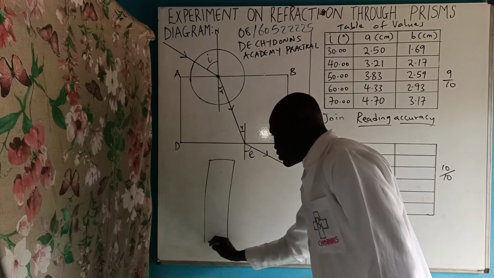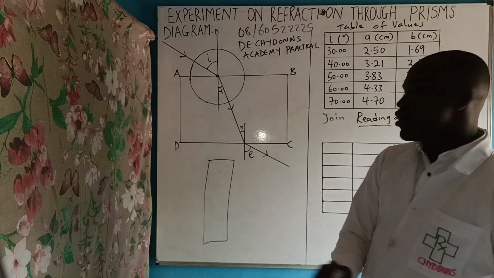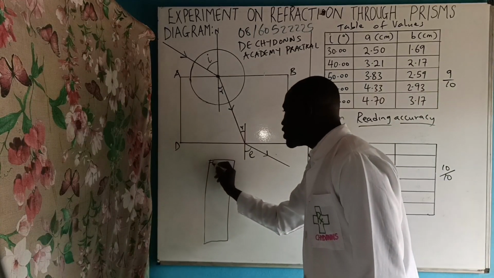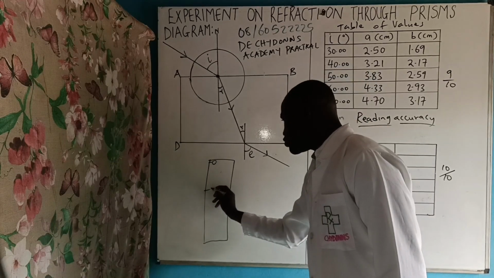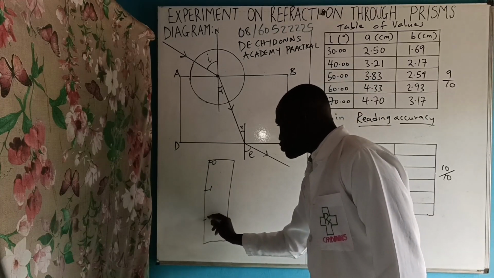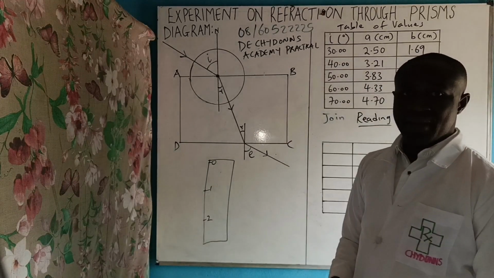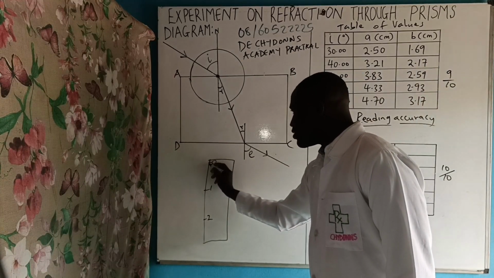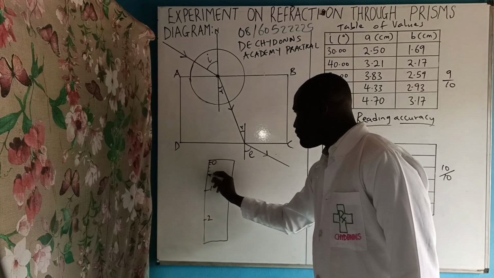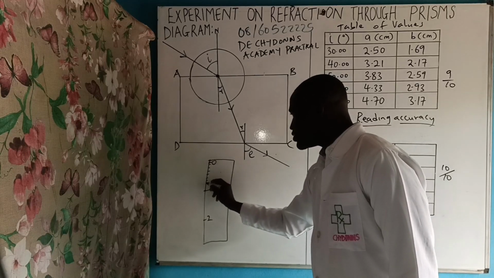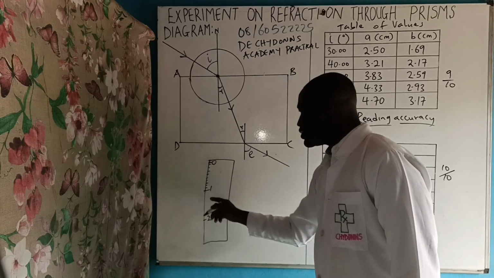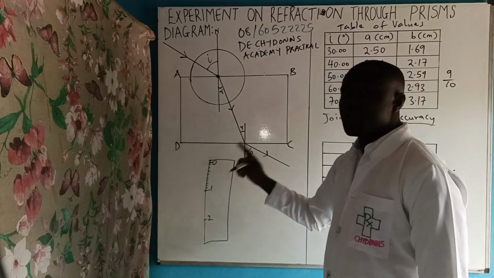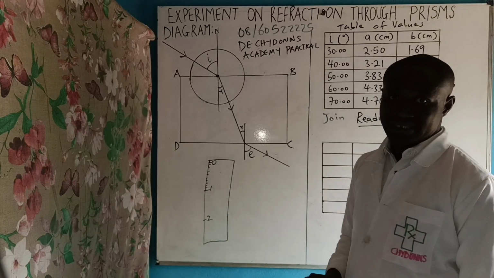This is a sketch of what we call a ruler. Here is 0, here is 1, here is 2, and they are in cm. Between here and here, you will see tiny lines. 1, 2, 3, 4, 5, 6, 7, 8, 9, 10. You will see 10 tiny boxes.